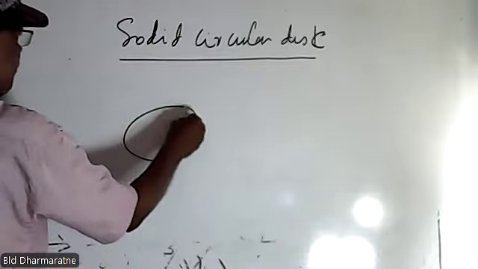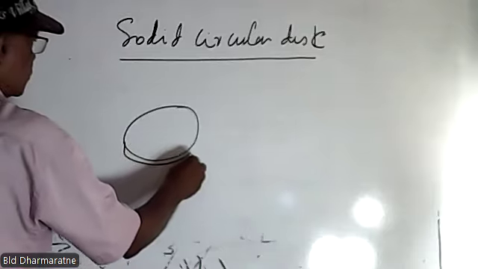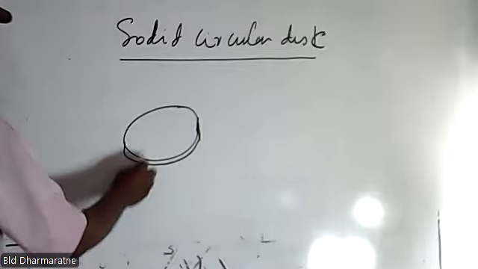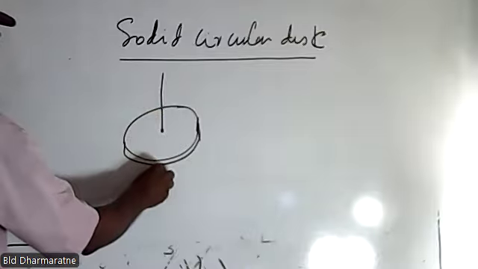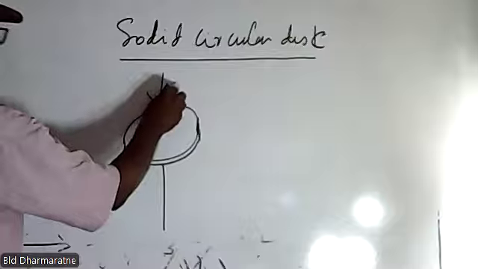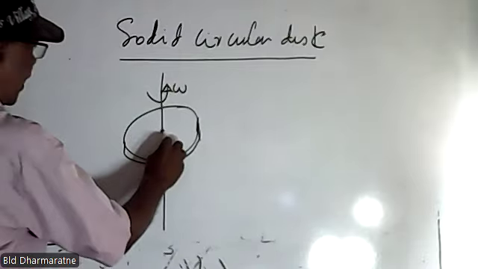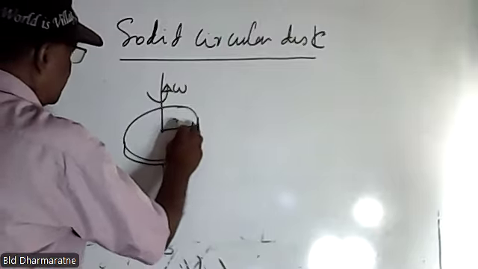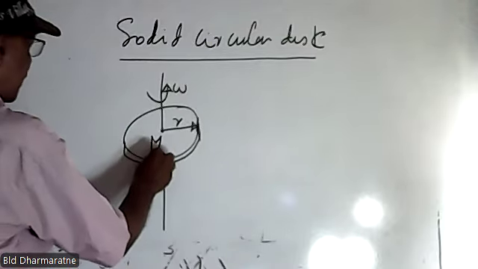It is rotating about this axis, omega. The radius is R and the mass is M.